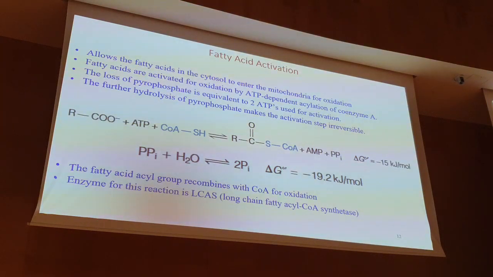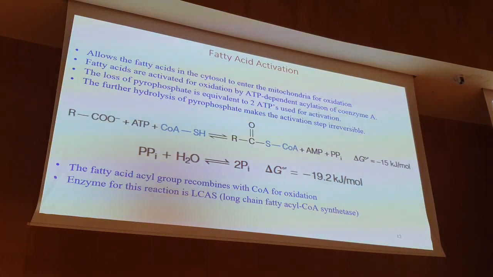Out of the ATP, I use one phosphate bond to attach the coenzyme A to the fatty acid, and I make my fatty acyl CoA.